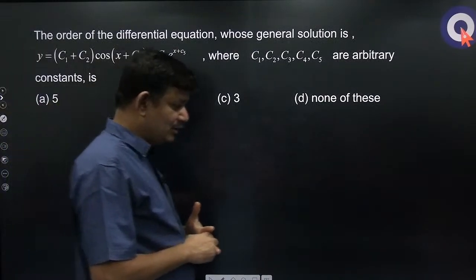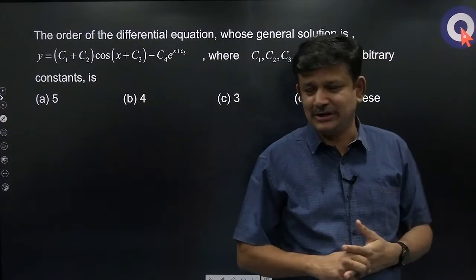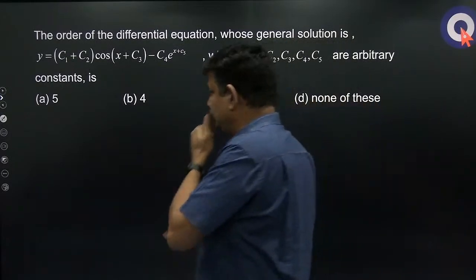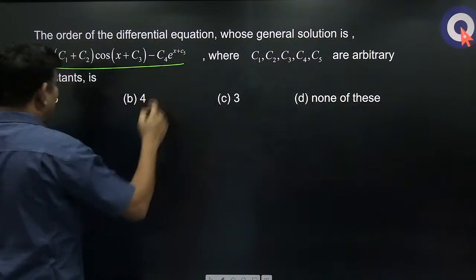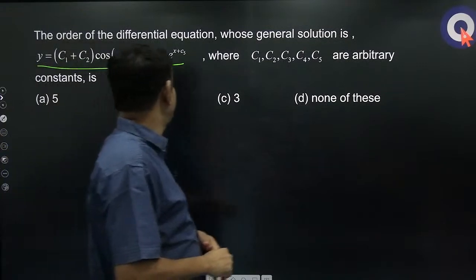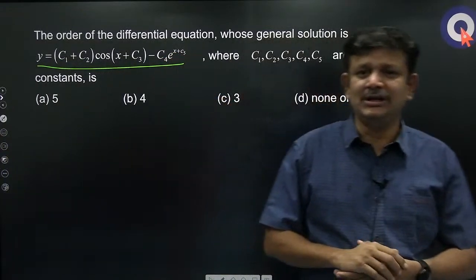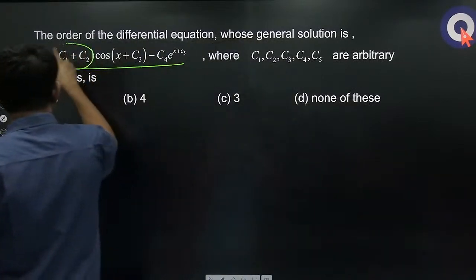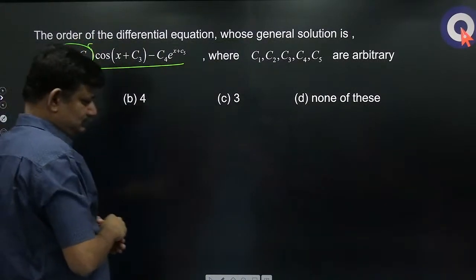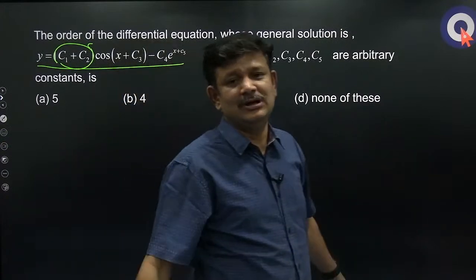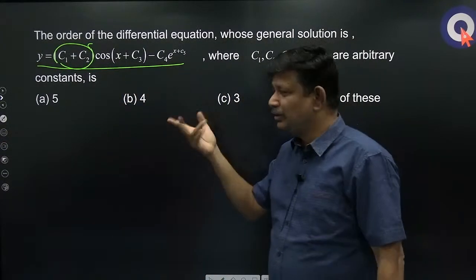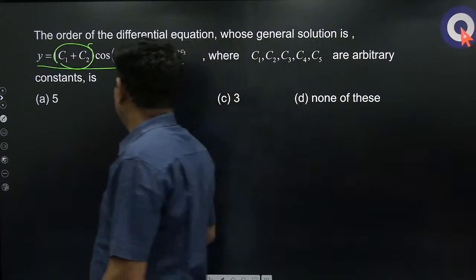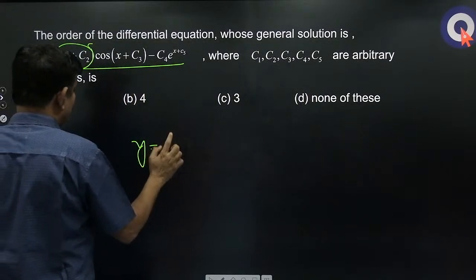So let us understand what are essential arbitrary constants. इसमें देखा जाए तो C1, C2, C3, C4, C5, 5 arbitrary constants दिख रहे हैं, but फालतू में है कुछ. ये C1 plus C2 को मैं एक C लिख सकता हूं. अनावश्यक रूप से C1 plus C2 लिखा हुआ है. ठीक है. Together it is one arbitrary constant.